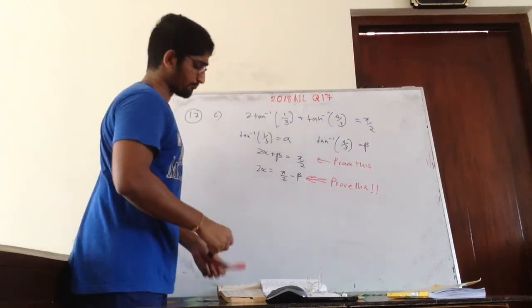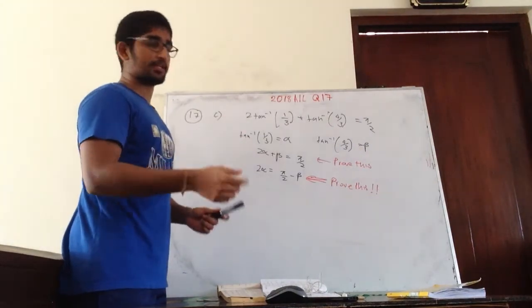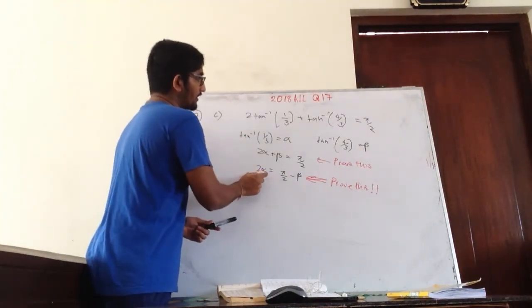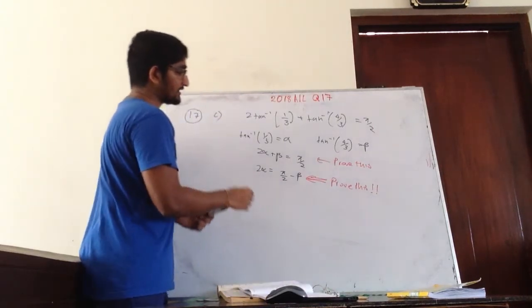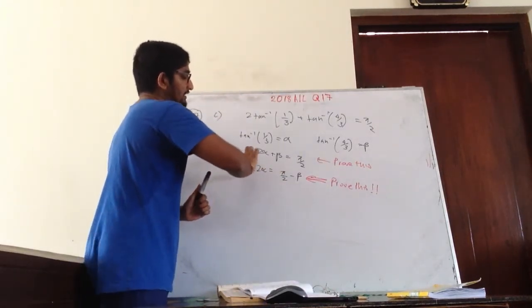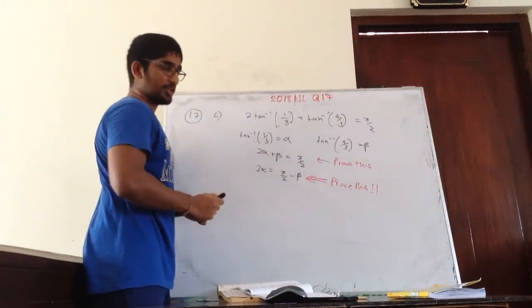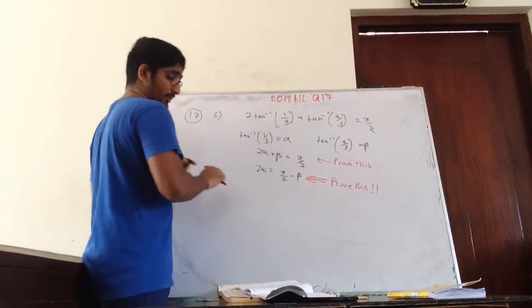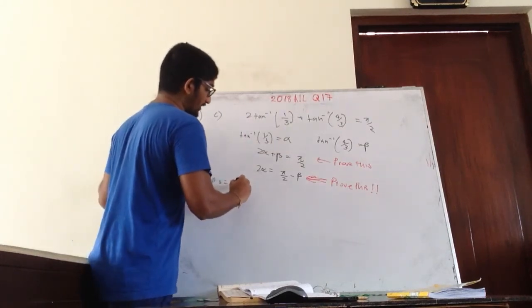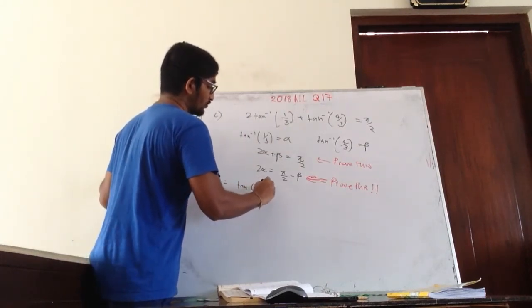Right? So now let's see what we can do here. I'm going to take the tan values of these. So for the left hand side, I'm going to take tan 2 alpha.